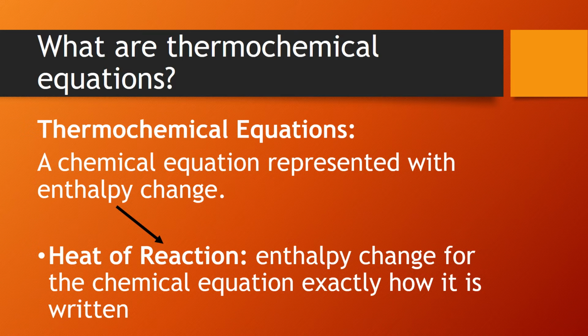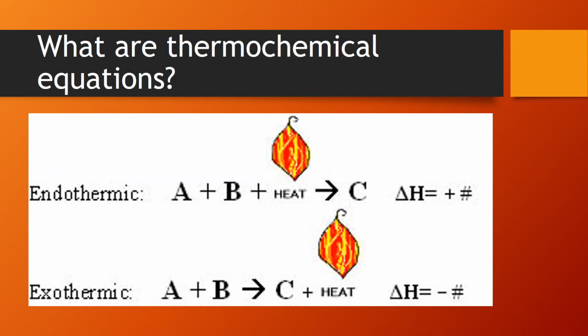What do we mean by that? What I mean is, in an endothermic process we have heat taken in, so heat would be a reactant, and it's used to make a product, and when that happens you have an enthalpy change, or delta H, that is positive, and we would write it next to the chemical equation.